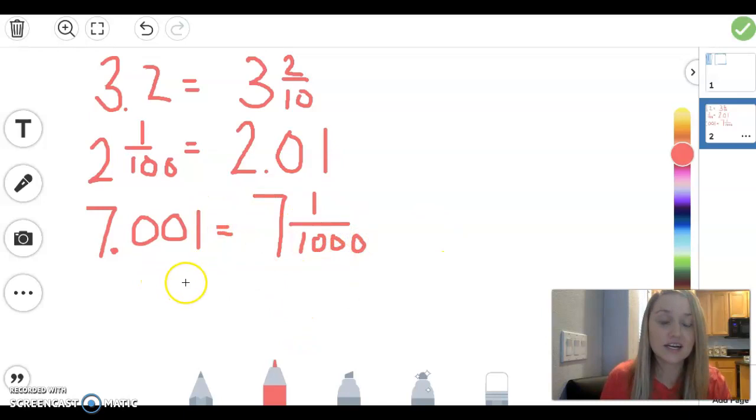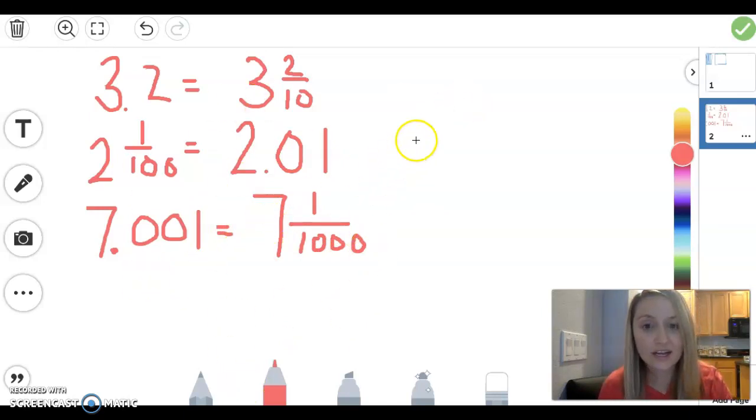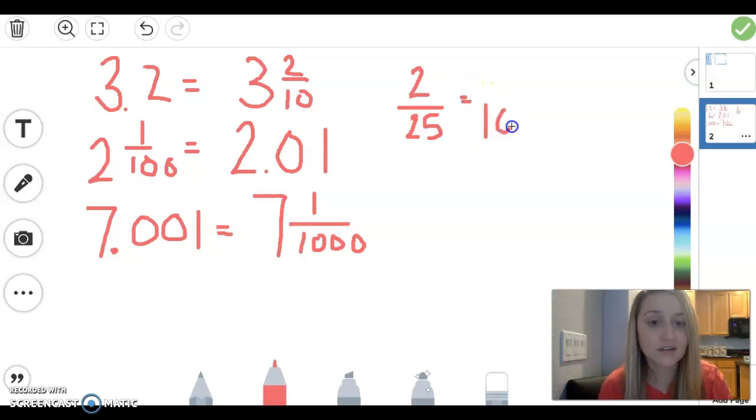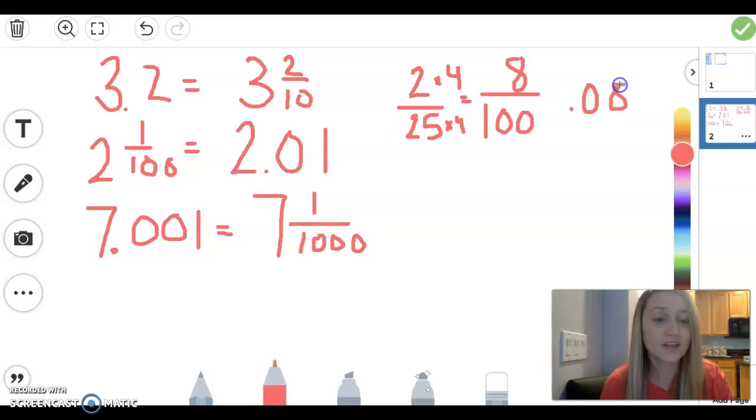It's just tying in place value, but now you're doing it as a fraction. And then if you have 2 over 25, remember, if it goes into 10, hundredths, or thousandths, and they're saying write it as a fraction, whatever you do on the bottom, you must do on the top. So this would be 8 over 100 or 8 hundredths.